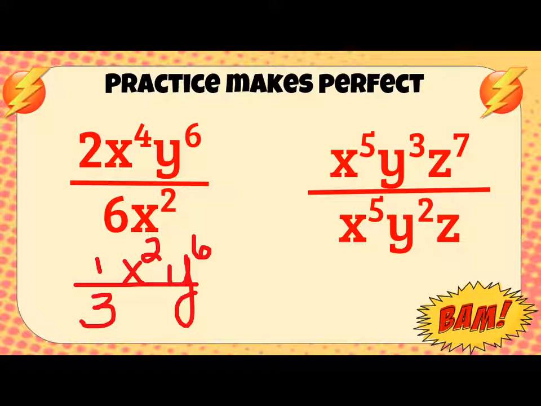If I had these ones, x to the 5th divided by x to the 5th, x to the 5 minus 5, these really all cancel out. Those are gone. Okay. y to the 3 minus 2 gives me y to the 1. And z to the 7th, and that's really a z to the 1 right there, so z to the 7th minus 1 gives me z to the 6th. So this could be written y times z to the 6th as well.